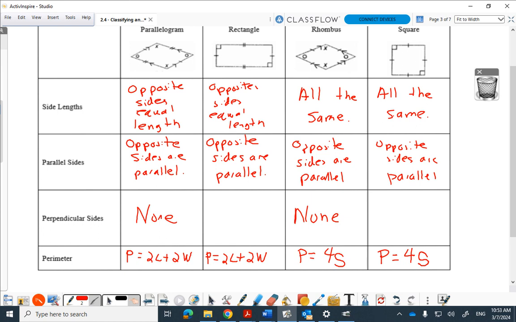Last 2, perpendicular sides. Here, I'm going to add a word for you. Adjacent sides perpendicular. And that's the same over here for square. Adjacent sides. Have you heard the word adjacent before? Adjacent means beside.